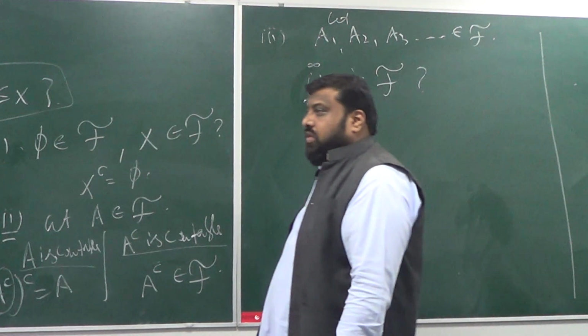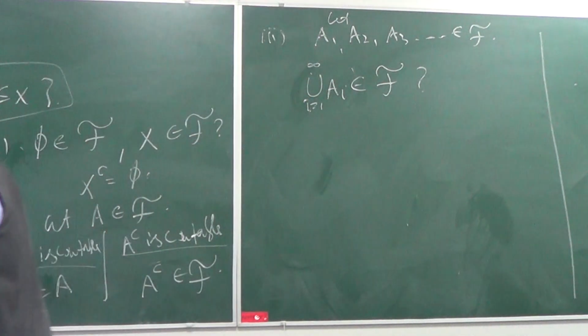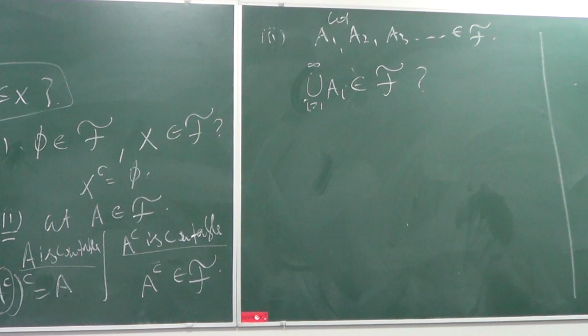So what will be your version of the argument for this? Why is this union countable? If each of the A_i is countable, then the union would trivially be countable.